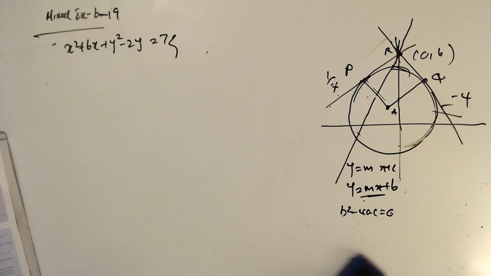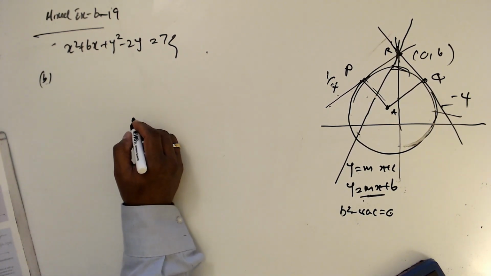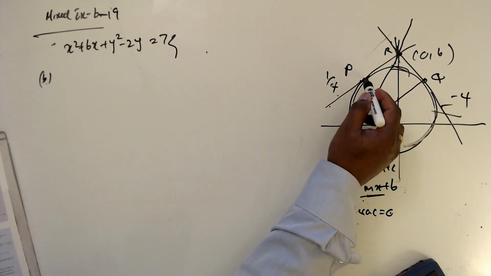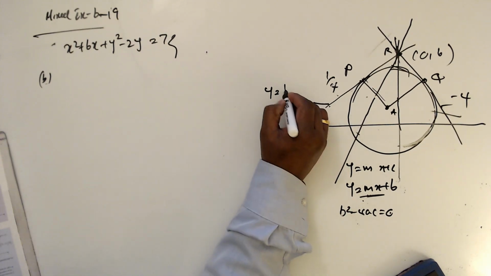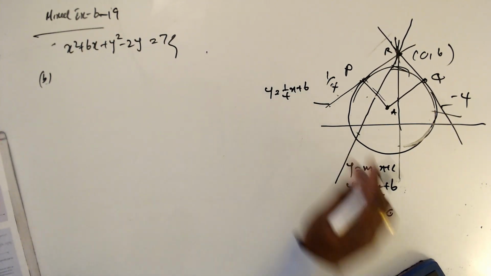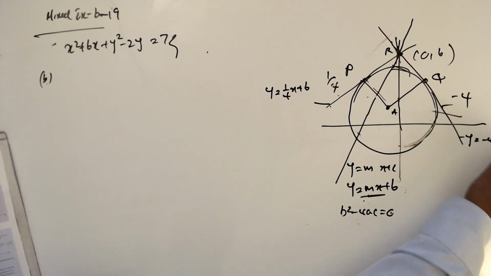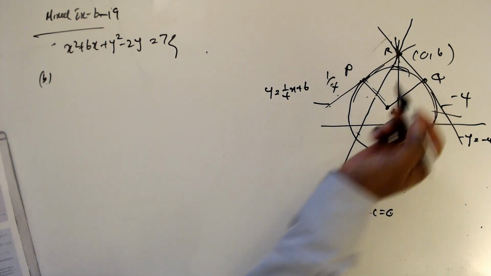Now we'll work out the other parts. Part B. Now we want to find the grade. This is y equals 1 over 4 x plus 6. This is y equals minus 4x plus 6. Now we saw that this gradient is 1 over 4.